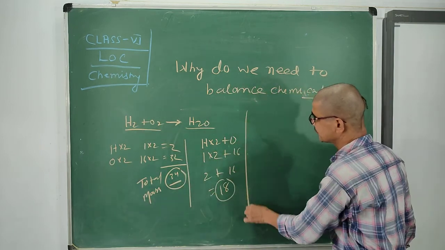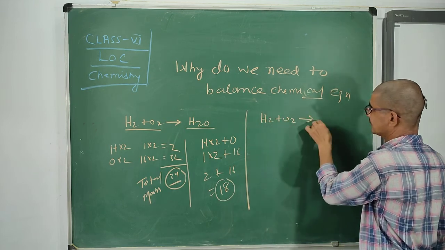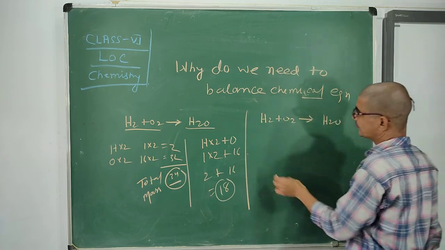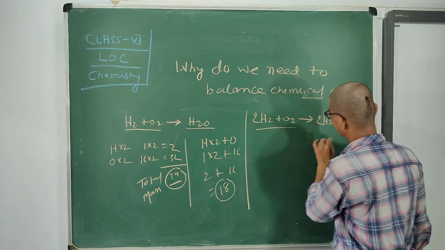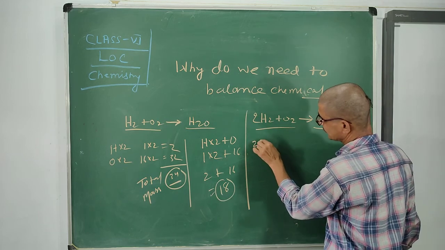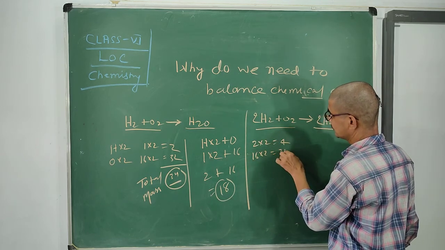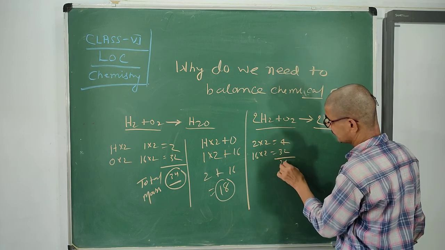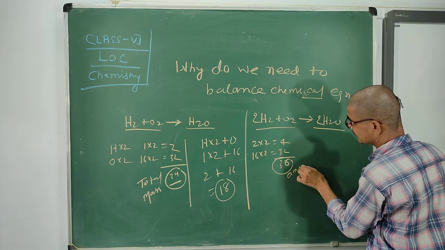But in the case of a balanced chemical equation, the mass of the reactant is equal to the mass of the product. This part is the reactant, this part is the product. So 2 times 2 equals 4, 16 times 2 equals 32, 32 plus 4 equals 36 AMU, atomic mass unit.